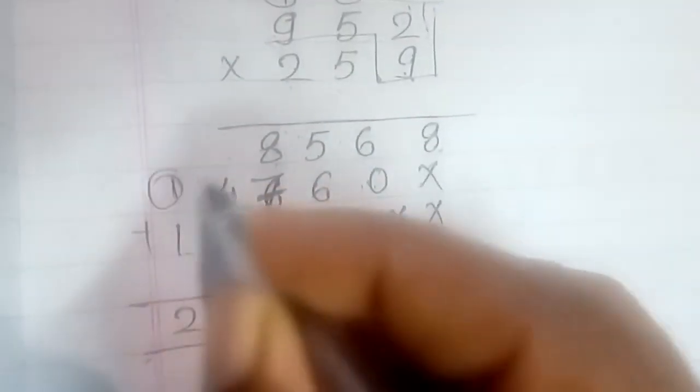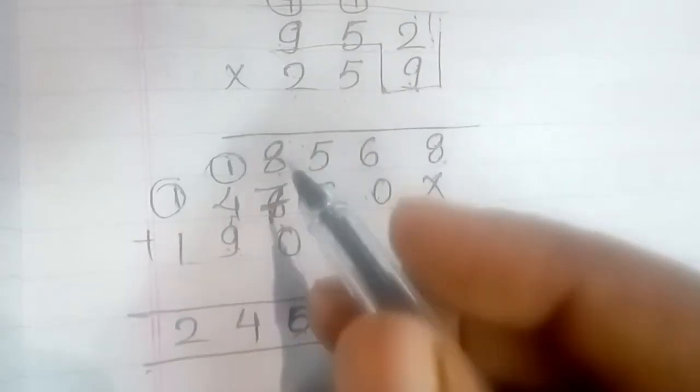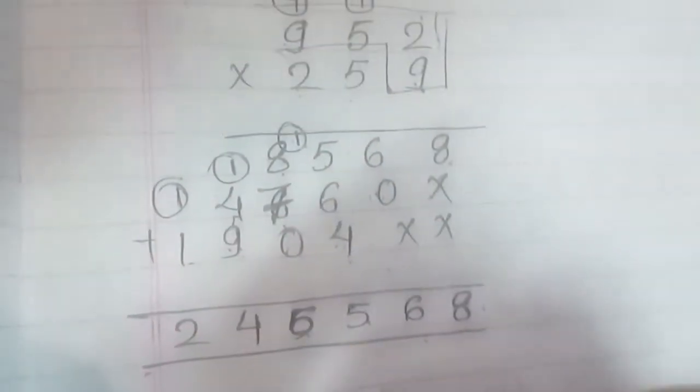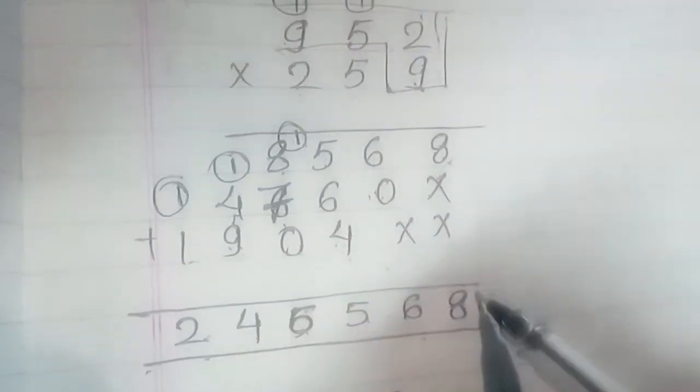I will write the carry over here. And always, student, remember, when we put a carry, we have to put a circle over it. So I have added, and I have got the answer 2,46,568. Clear?